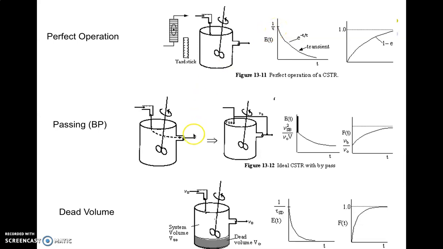If you have a bypass problem, instead of the flow going through the mixer, it has a shortcut, so it will affect the flow rate. When you affect the flow rate, that's why the curve will be shorter here. Whereas with dead volume, you will have some stagnant volume here, so you will have 1 over tau SD higher than it's supposed to be, right?